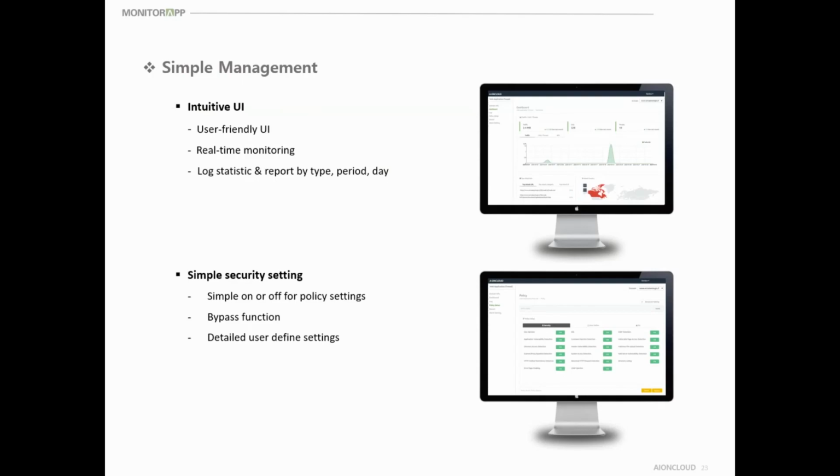We provide this function because sometimes you need to bypass some of the IPs in an urgent moment. So click the IP address in log analysis. We provide this as one of our features.